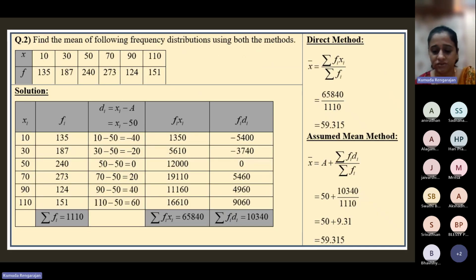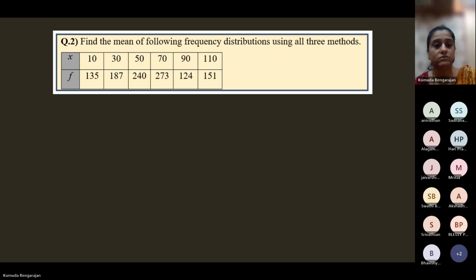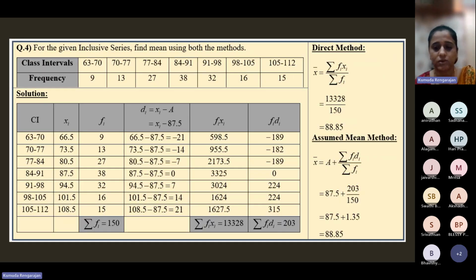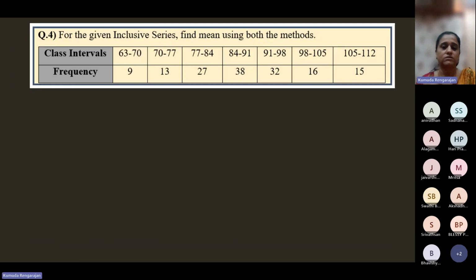In the last class, I think we concluded with this one. This also I've shared on WhatsApp. The question numbers you should ignore, children, because my presentation includes direct method, assumed mean method, and step deviation method.